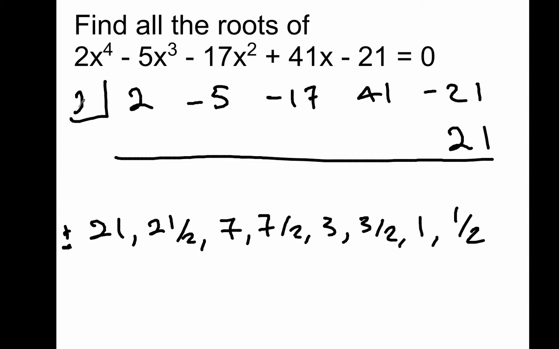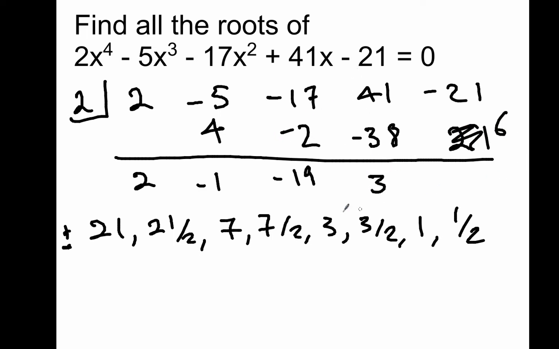So I'm going to try a number like 2. If I bring down 2, 2 times 2 is 4. Negative 5 plus 4 is negative 1. 2 times negative 1 is negative 2. Combine these two and we get negative 19. Negative 19 times 2 is negative 38. Add those two together, you get 3. We ended up with a positive 6.